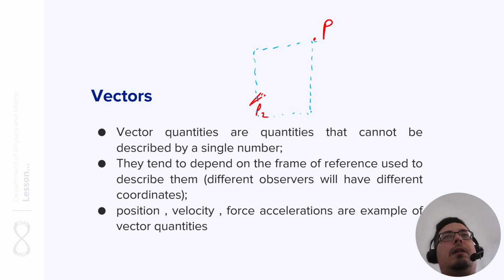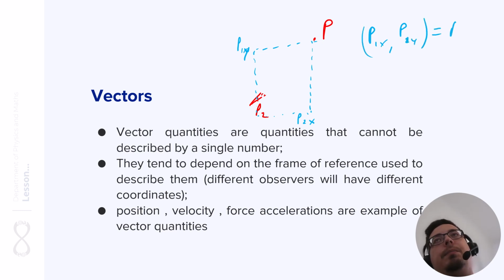This is P1 x, y, for example, and this is P2. You need at least two numbers to define the position of P1 with respect to P2.